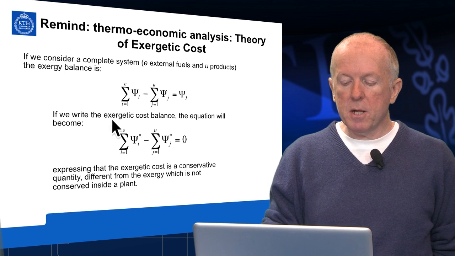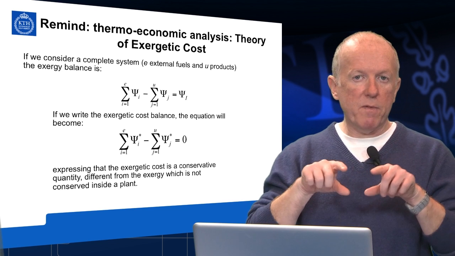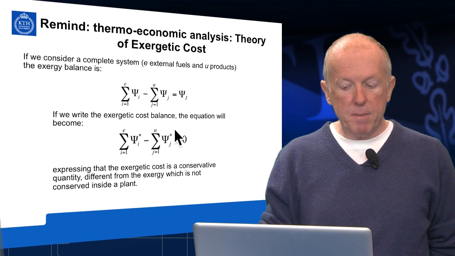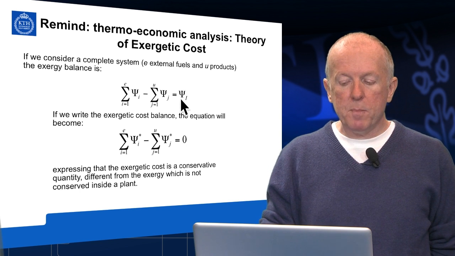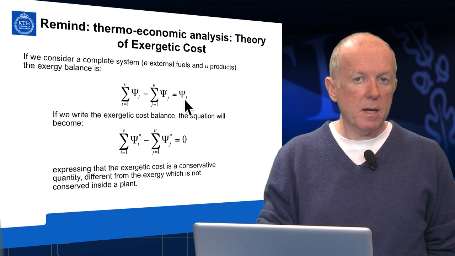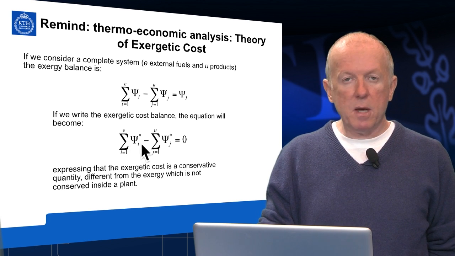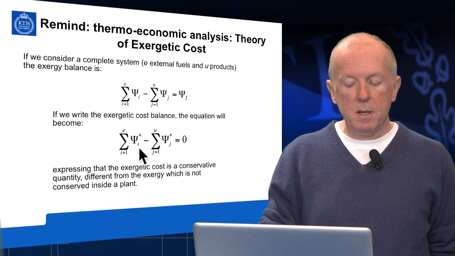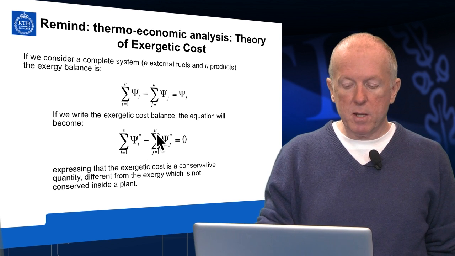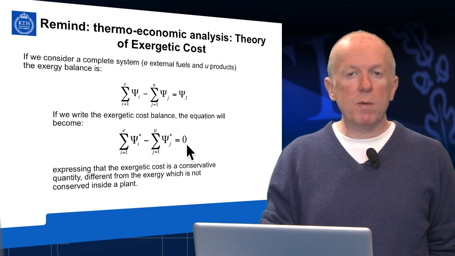If we move from the balance of the exergy flows to the balance of the exergetic cost, the balance becomes the following. Because the irreversibility flow ψ_I has no exergetic cost associated, the sum of the E exergetic costs ψ*_E minus the sum of the U exergetic costs of the products ψ*_U sums up to 0.